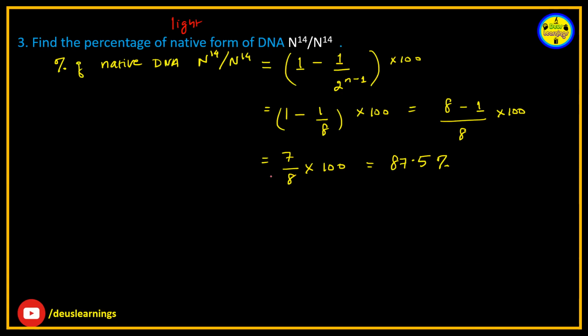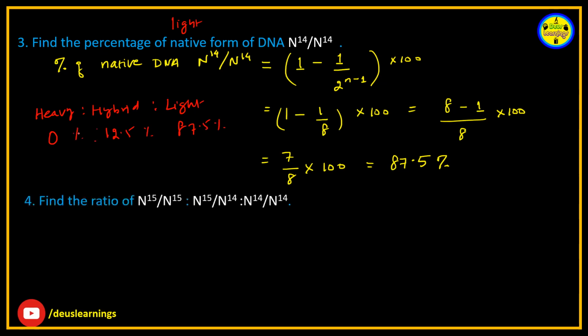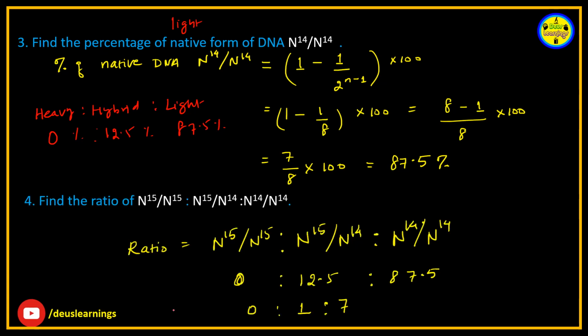So I told you that heavy will be 0. Okay, hybrid we got is 12.5, and light one was 87.5%. Okay, so if you convert them into ratios, when you convert them into a ratio, it gives you 0 is to 1 is to 7, right?